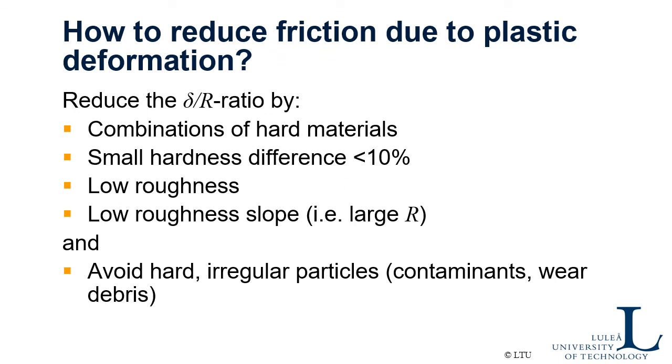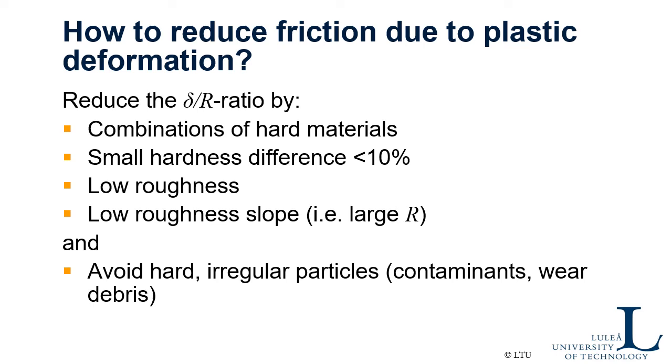Okay, but how to reduce the friction, or the plastic deformation friction, I should say? Well, you can do that by reducing the delta over R ratio. You can, for example, do it like this, that you have two very hard materials. That means that the delta will be small. You should also try to have similar hardness of the two surfaces.